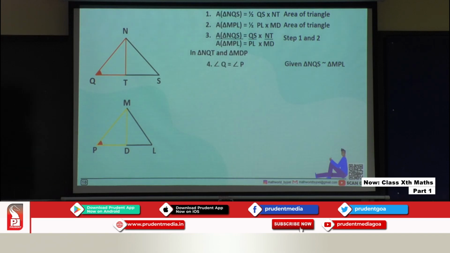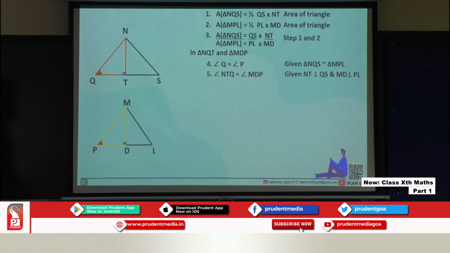Okay. Now, next step, I can write that we were told that NT is perpendicular to QS, right? So perpendicular means the angle is 90 degrees. Same way MD was perpendicular to PL, so angle D is 90 degrees. So I have written that. Okay. With statements it would become angle NTQ is equal to angle MDP. Okay.